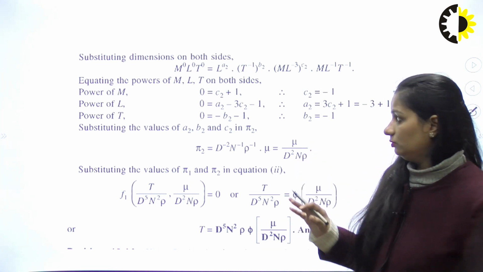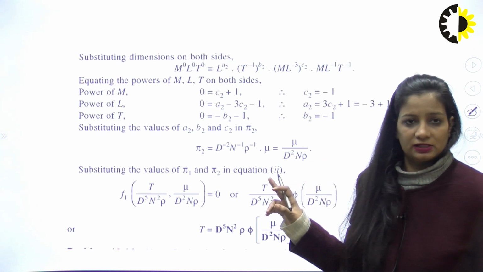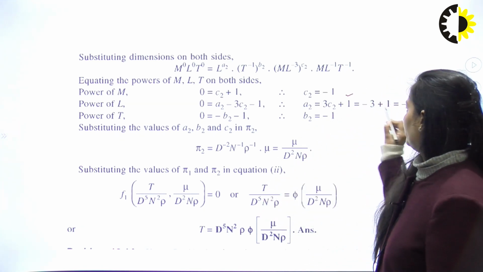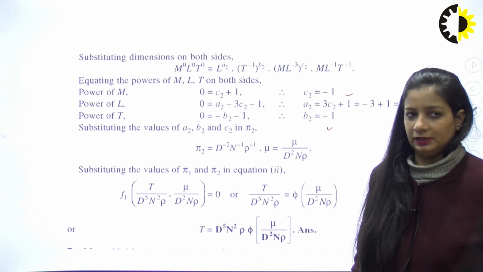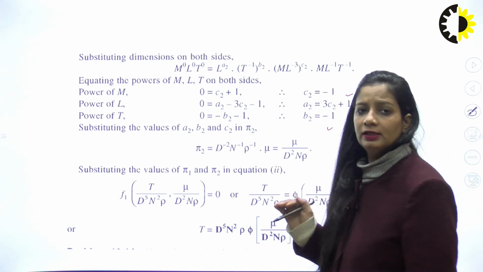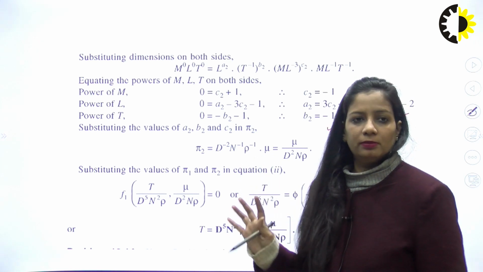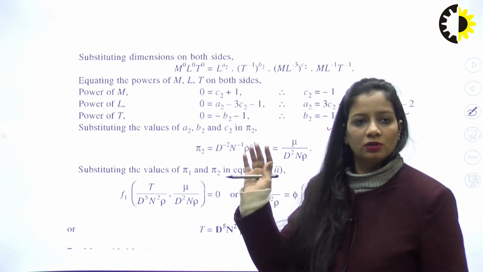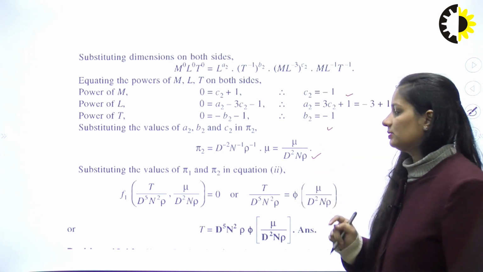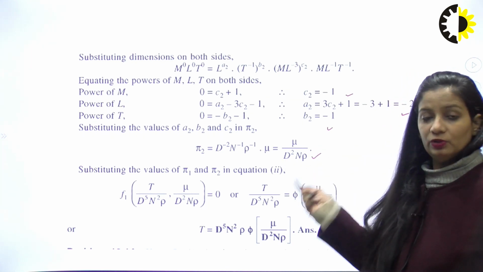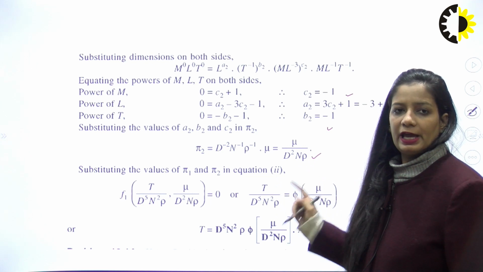So, you will get C2 as minus 1, A2 as minus 2, and B2 as minus 1. Again, solve it and put all the exponent values in the pi 2 equation. What you are going to get? Pi 2 as mu divided by d square n rho.